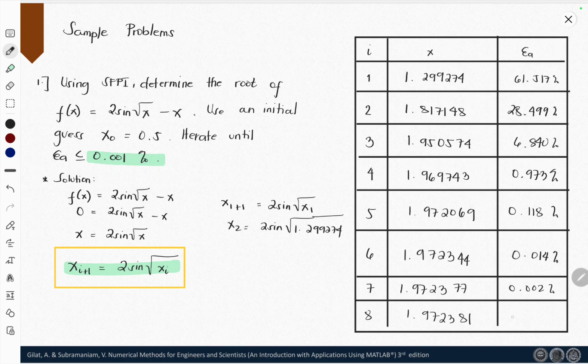So this is 0.0002%. Since the approximate error in the 8th iteration is less than 0.001%, we will stop after the 8th iteration. And since the root is what we are looking for, our final answer is the root x equal to 1.972381.